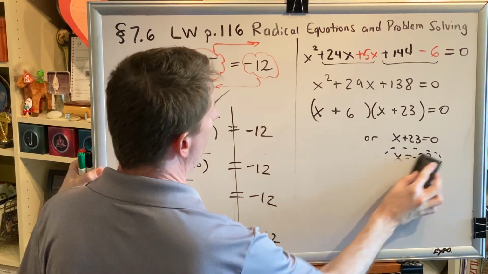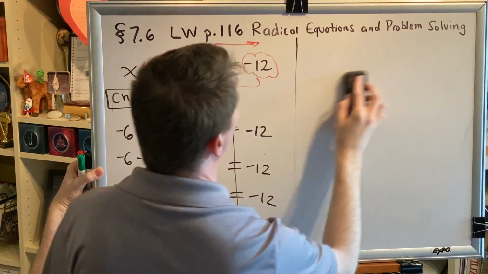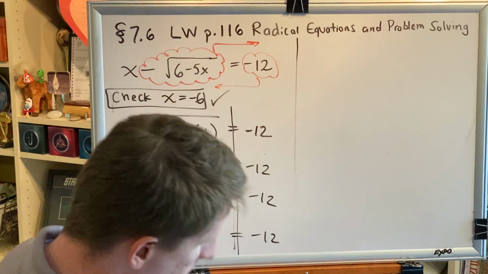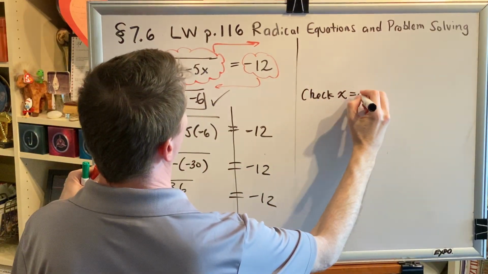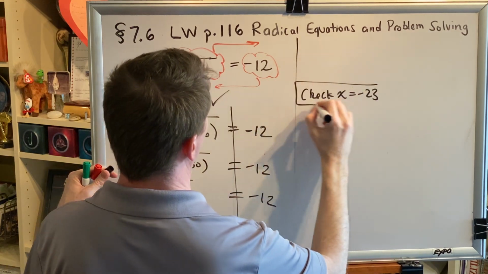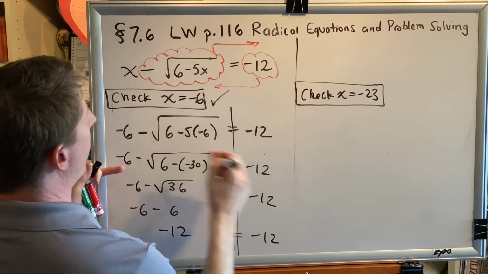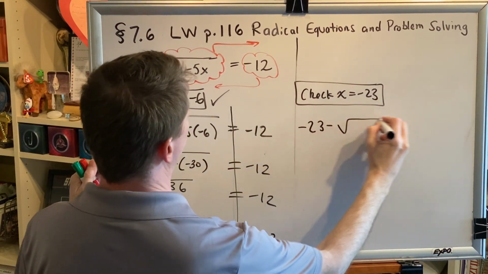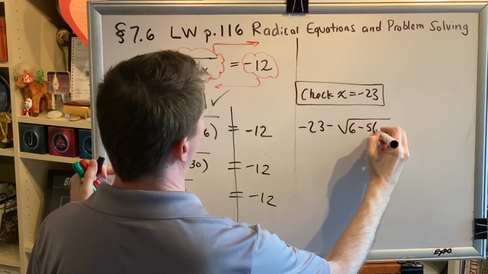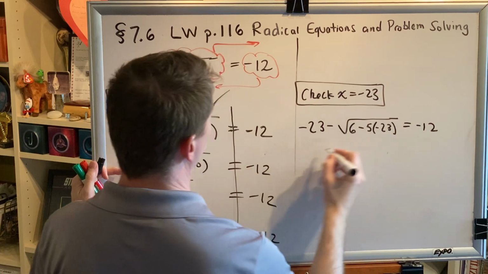Okay, now we have to check negative 23. Okay, here we go, negative 23. So everywhere we see an x, we're going to put negative 23. So we get negative 23 minus square root of 6 minus 5 times negative 23 equals negative 12.